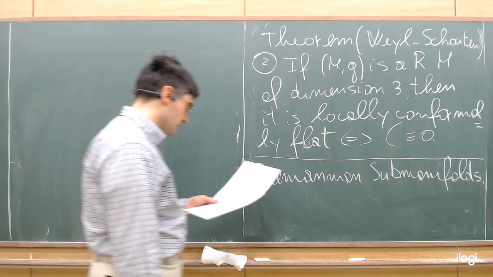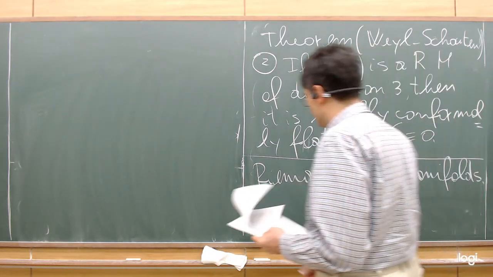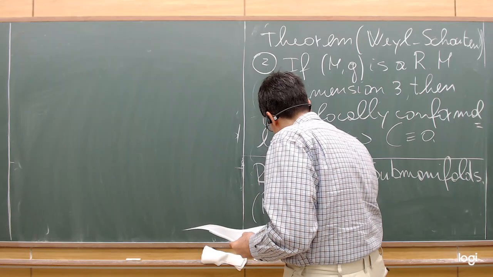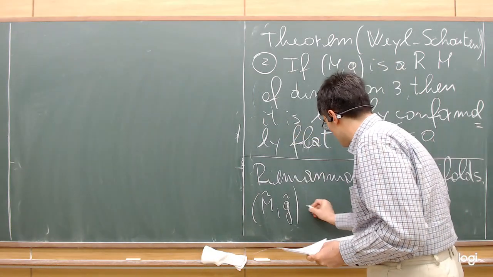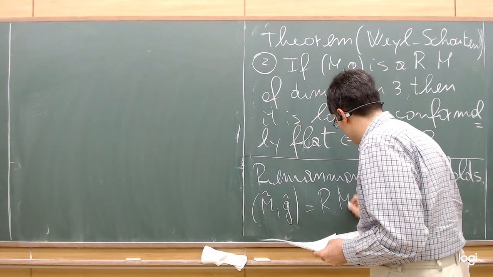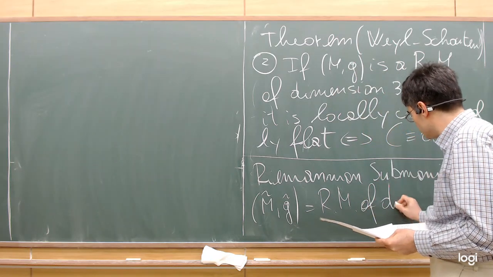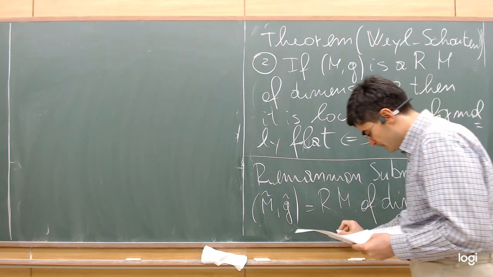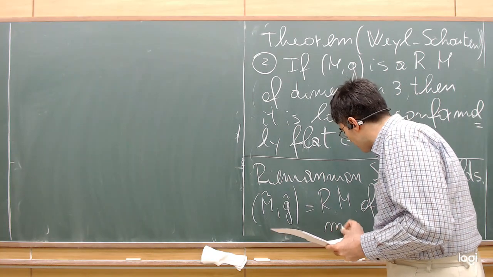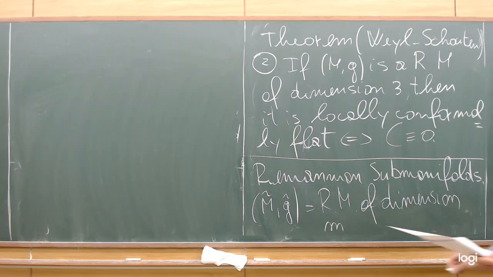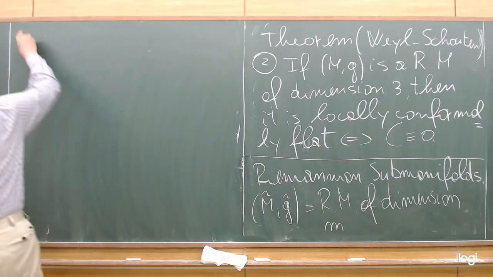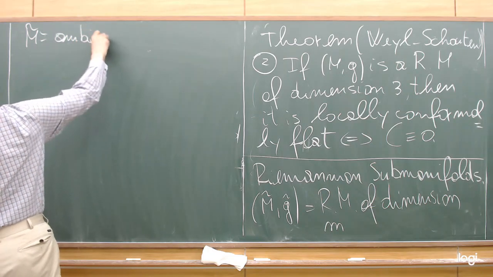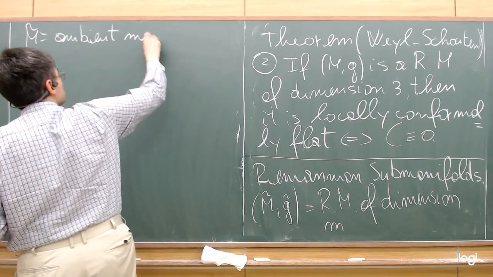So in the sequel, I will suppose that (M tilde, G tilde) is a Riemannian manifold of dimension m, and we will call M tilde the ambient manifold.